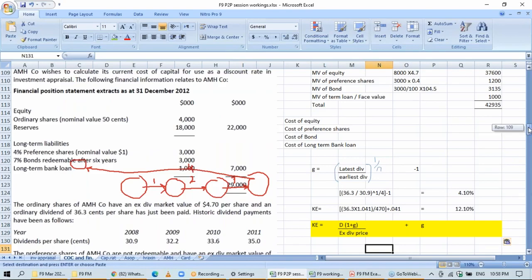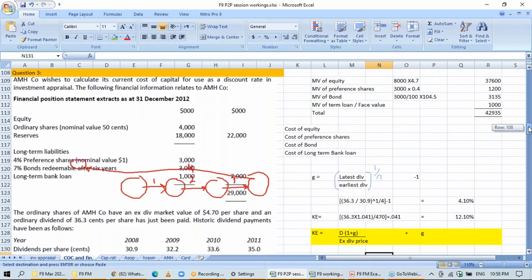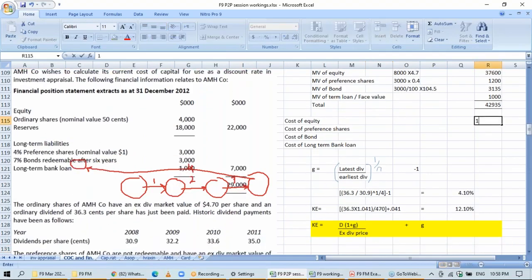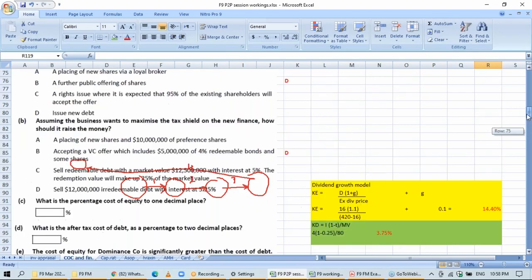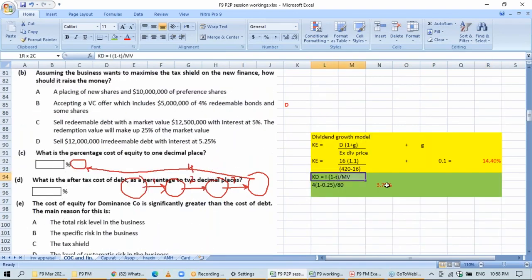Okay, now moving on, cost of equity is 12.1%. Moving on to cost of preference shares now. So what's the cost of preference shares? The same formula we used in the green patch in question number 2. So let's use the same formula for the cost of preference shares.